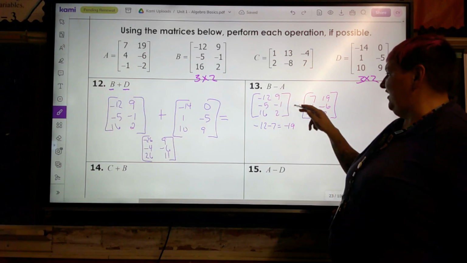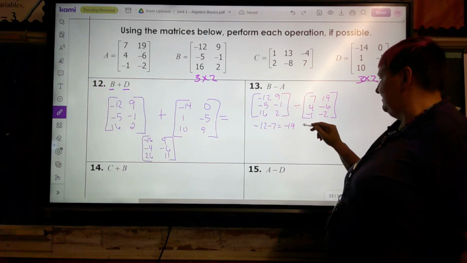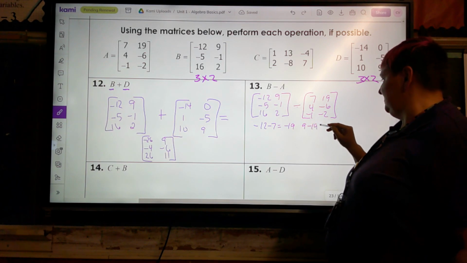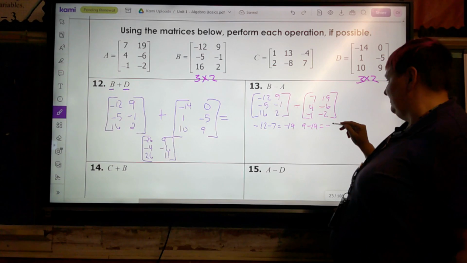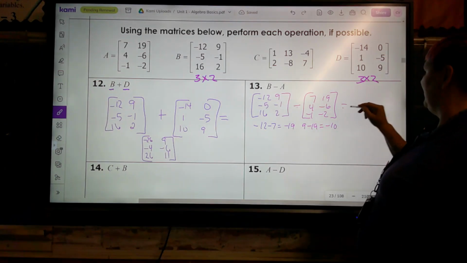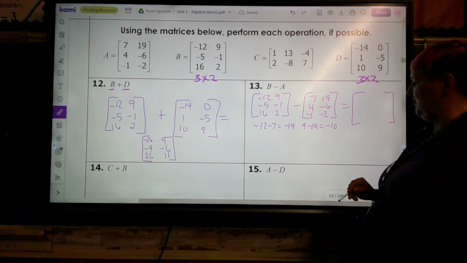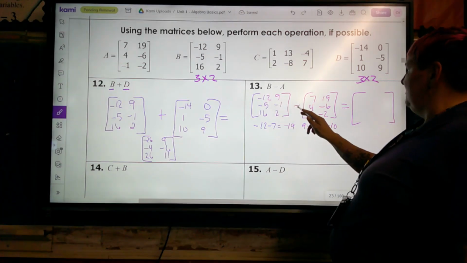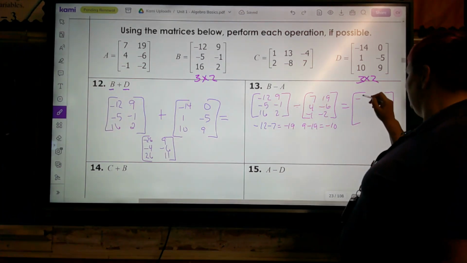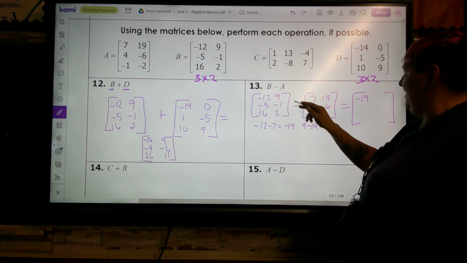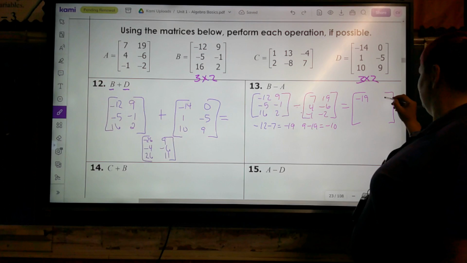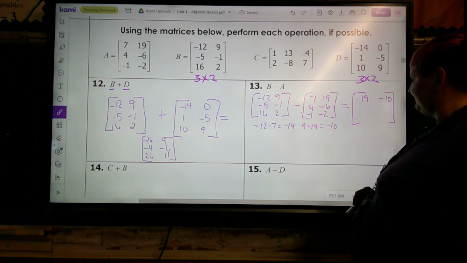And then we're going to do 9 minus 19. 9 minus 19 is going to give you negative 10. Remember, we're creating another matrix just like it, 3 rows, 2 columns. So negative 19, and then negative 10.